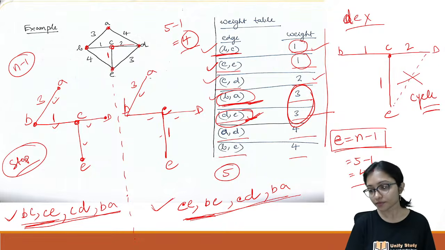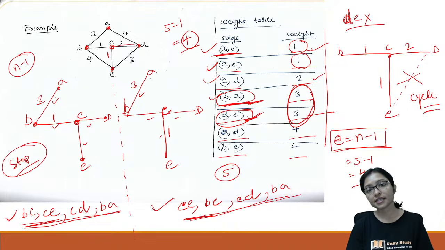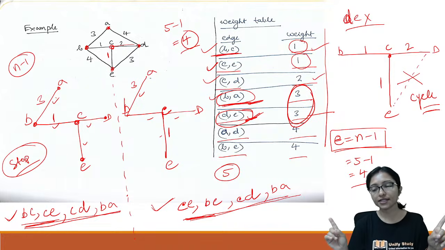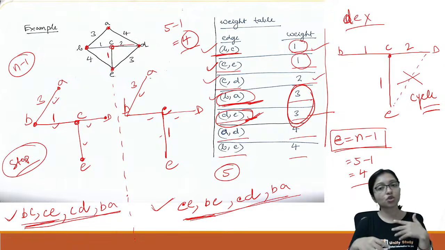Clear? In the question, weight will always be given to you. Any other doubt you have? Yes, you cannot take the one which will create a cycle, because spanning tree means no cycle. I cannot create any cycle in a spanning tree. If the same weight is there and it is not creating a cycle, then definitely you can take that.